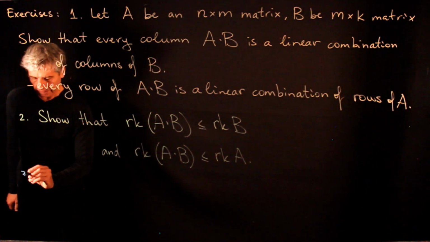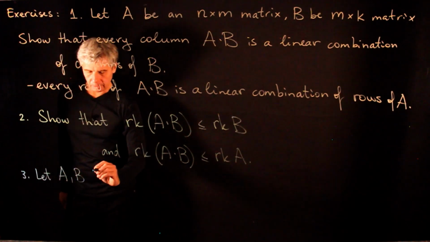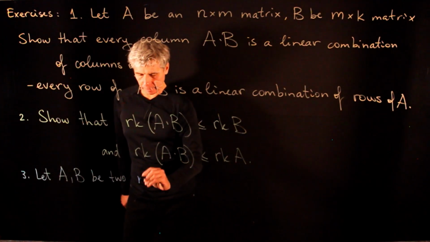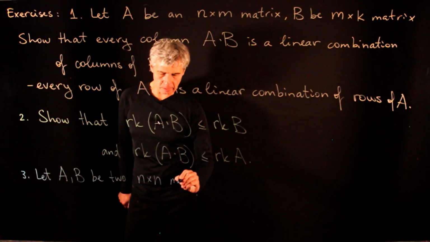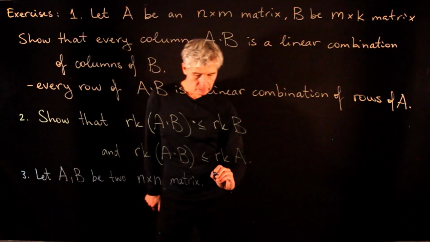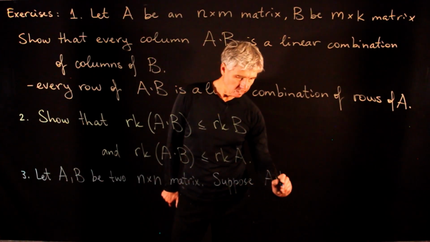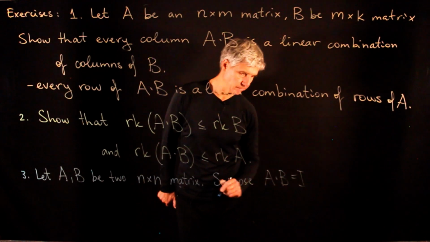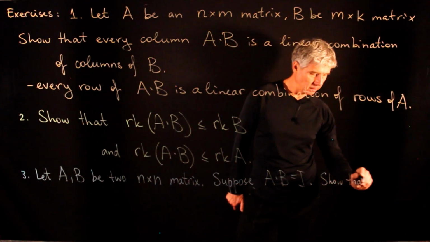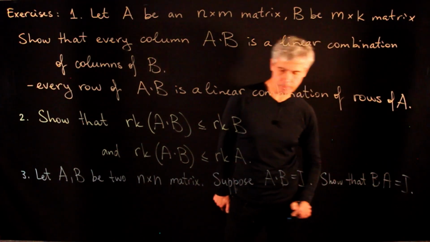And the last problem. Let A and B be two n by n matrices, so that is, square. Suppose A times B is equal to the identity. Show that B times A is also equal to the identity.